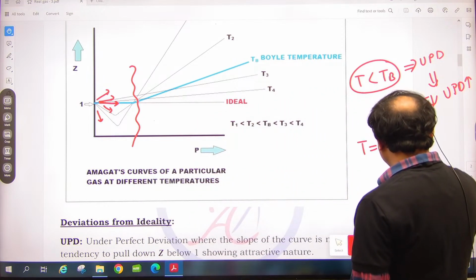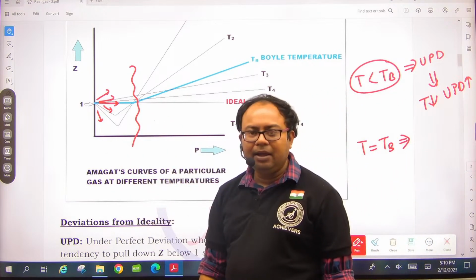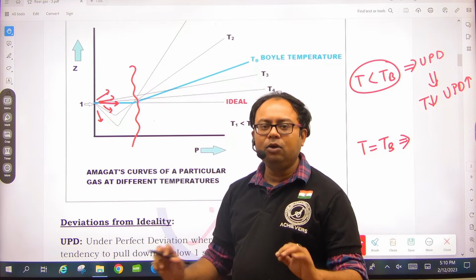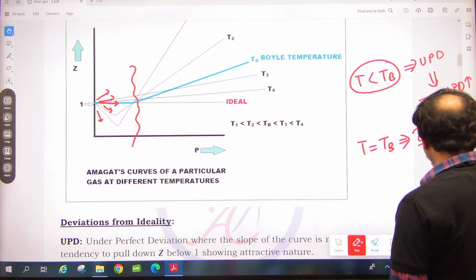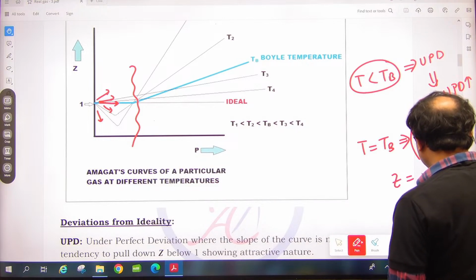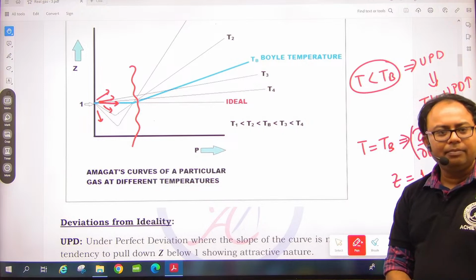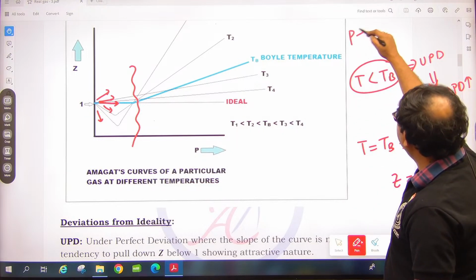Then what happens at T equal to TB? At T equal to TB, there is no UPD, no OPD. That means at T equal to TB, the slope del Z del P at constant T is 0. Z is equal to 1. Obviously under the condition of P tending to 0.